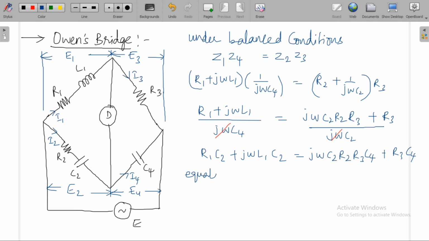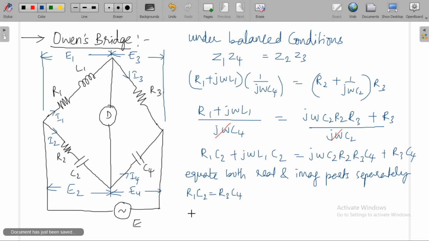Equate both real and imaginary parts separately. Then we get R1 C2 is equal to R3 C4. That is, R1 is equal to R3 into C4 by C2.